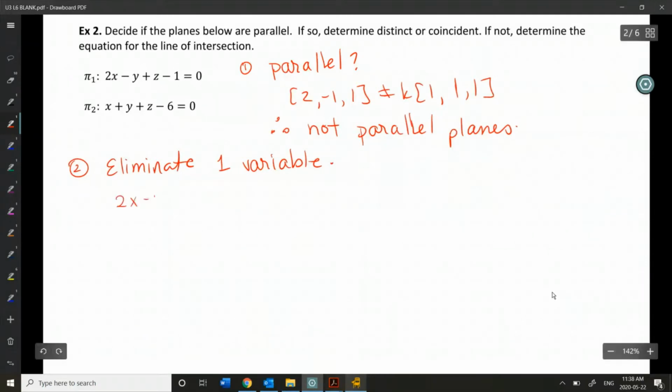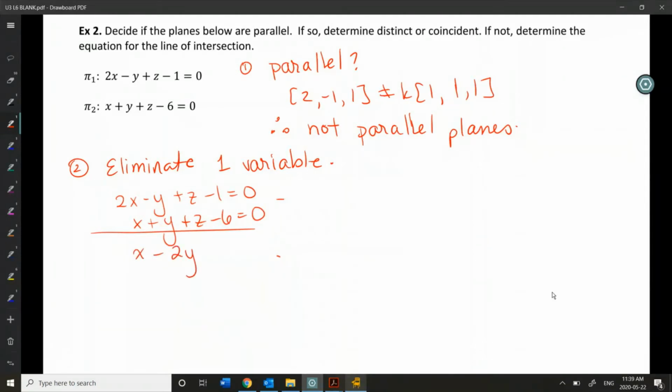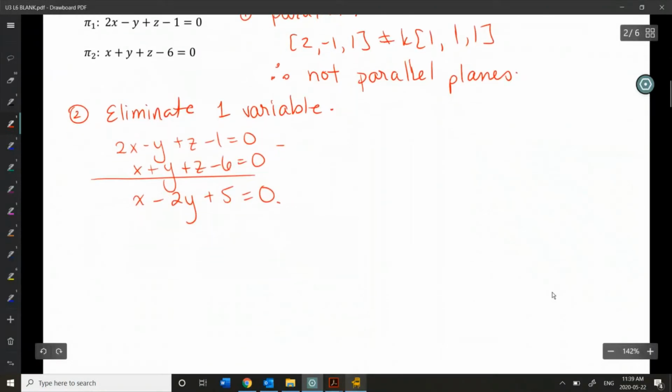So always look to choose the easiest one to eliminate. I think I'm going to eliminate the z's. So I'm just going to stack the equations on top of one another here, and I'm going to subtract. So that's going to leave me with x minus 2y plus 5 equals 0.